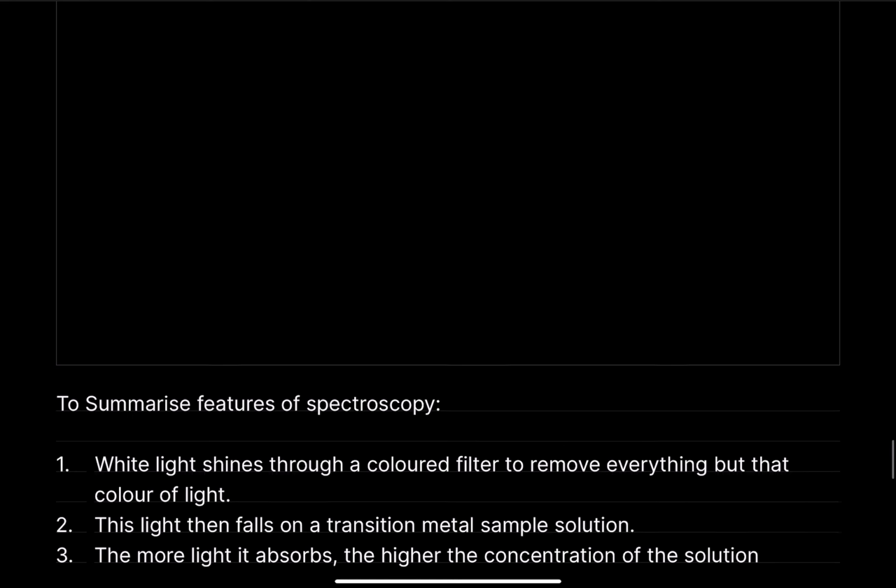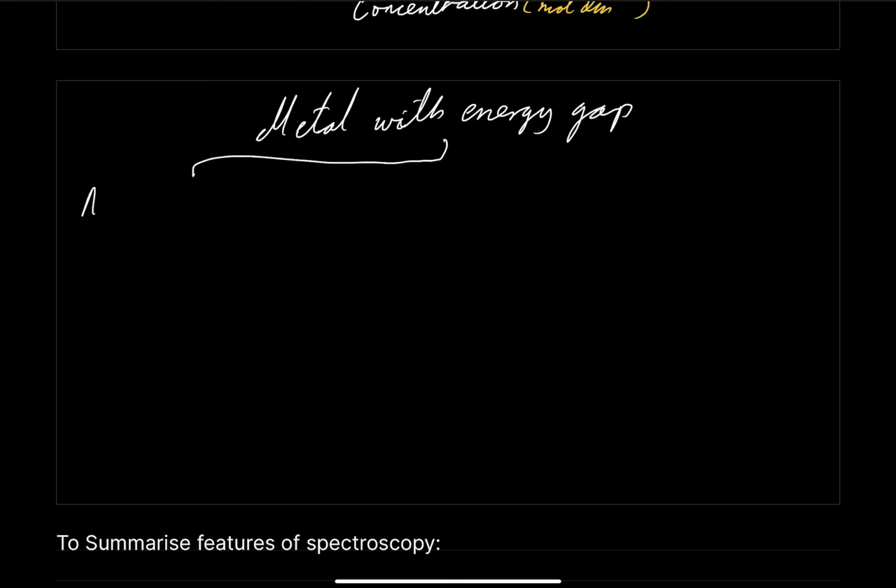So from this video, we know that a metal with an energy gap absorbs light of a particular energy, so it absorbs light of energy equal to the energy gap, the difference in energy.